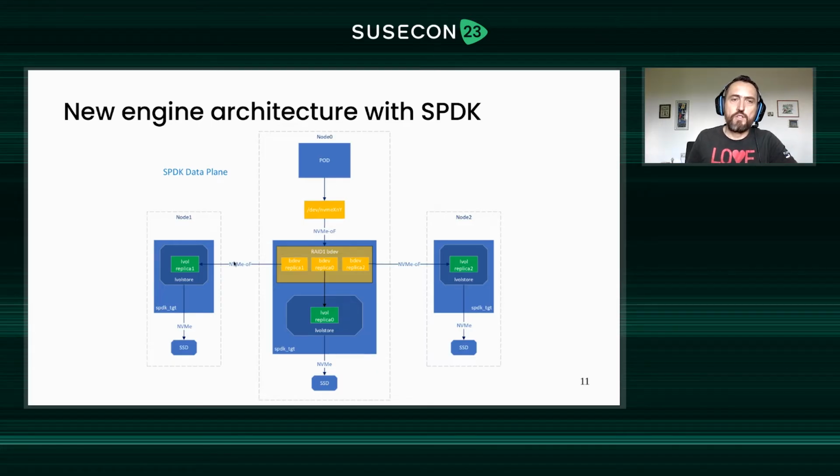And so we attach to this subsystem and create a local BDEV that is a logical volume exported from another node. The logical volume is created inside a logical volume store that we have inside the SPDK target, and every logical volume store is coupled with an SSD disk on the node.